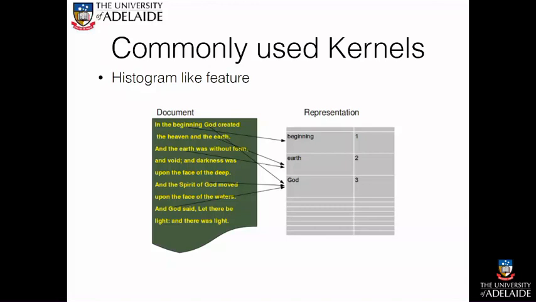How do you find a good representation to train a classifier? What we can do is use histogram-like features. The idea is very simple. You have a vocabulary, which is limited, and for each word in the vocabulary, you count the frequency, and then use the frequencies as numerical features to represent this document.